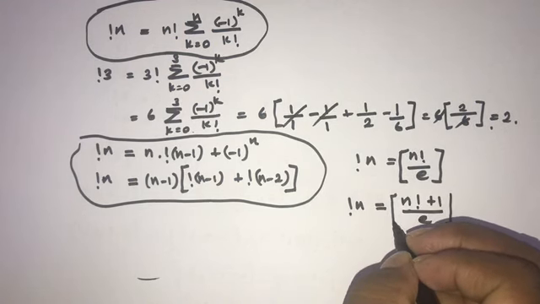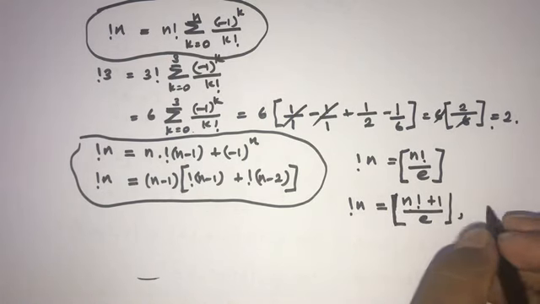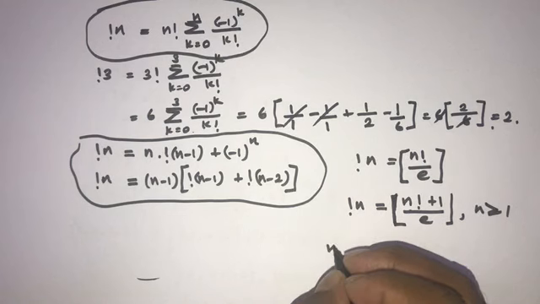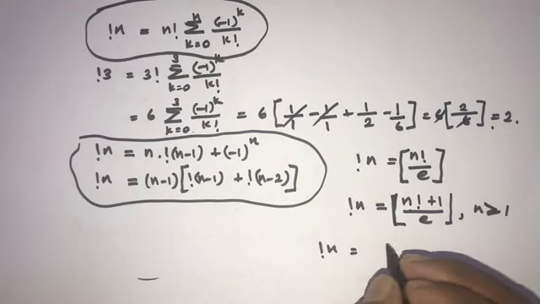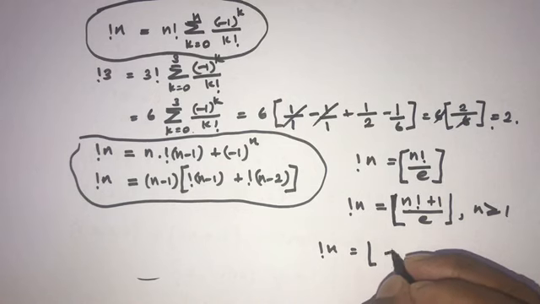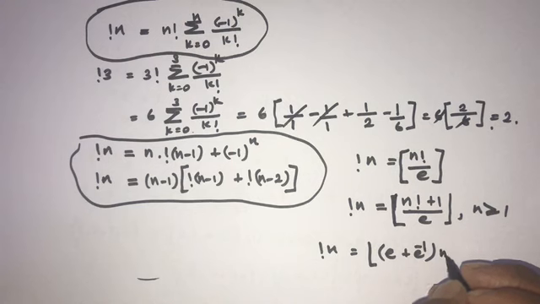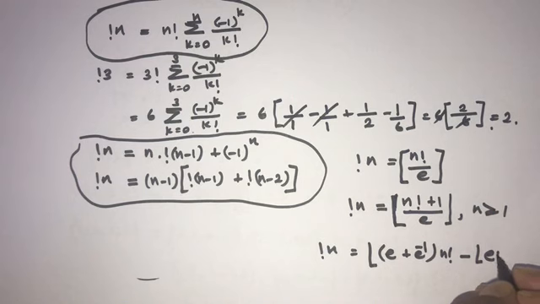Now another formula: n subfactorial is equal to the floor of n factorial over e plus 1 over e. This is valid for n greater than or equal to 1. And another equation: n subfactorial is equal to the floor of the quantity e plus e to the minus 1 times n factorial, minus e times n factorial, and this is valid for n not equal to 1.